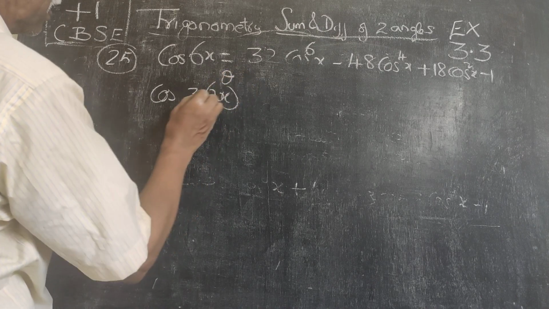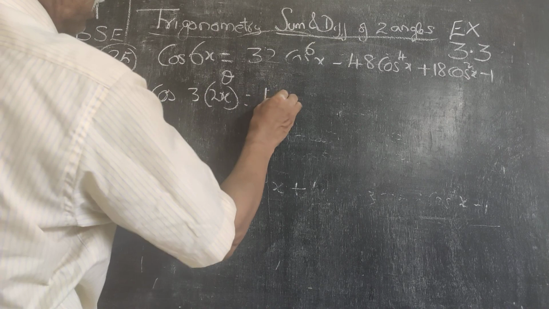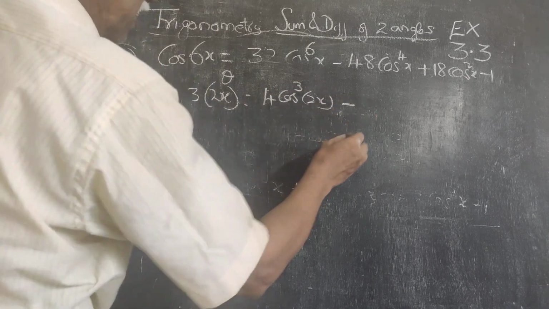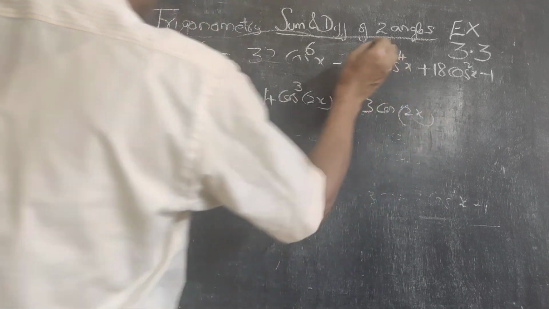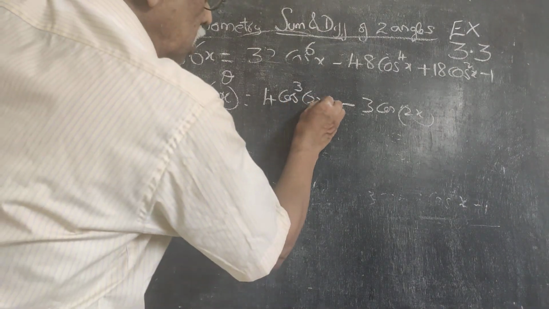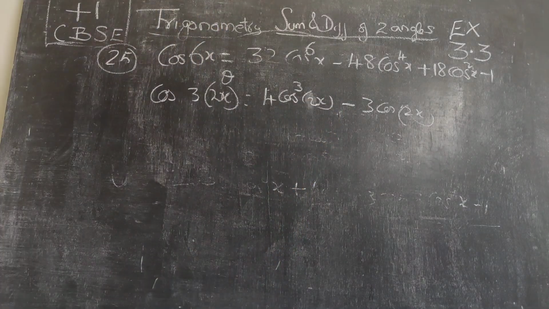That is, you consider this as cos 3 theta and apply the formula 4 cos cube theta minus 3 cos theta, and proceed, you will get this. After applying that, cos 2x is 2 cos square x minus 1, you apply that formula. This is the way you can also do that.